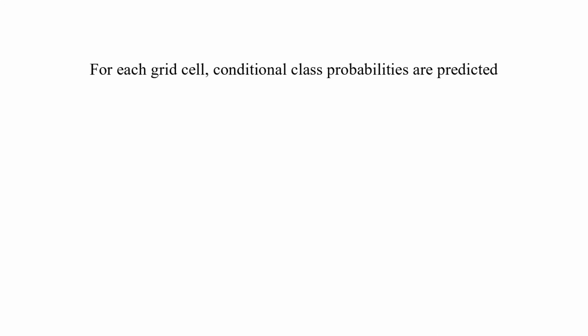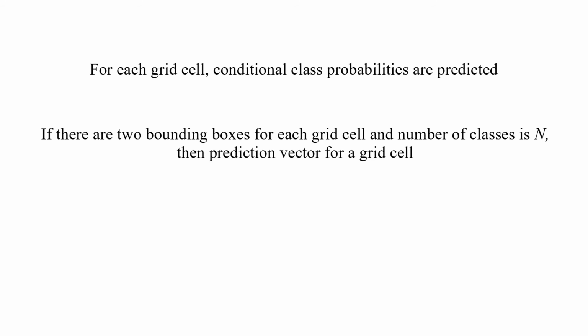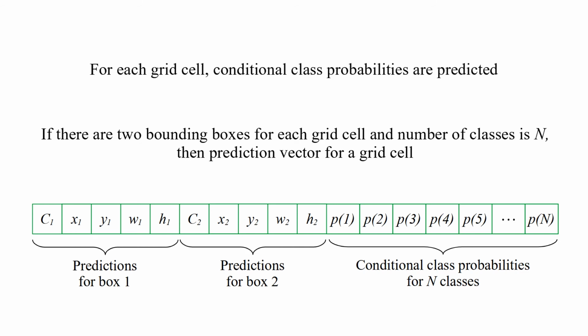For each grid cell, conditional class probabilities are predicted. If there are two bounding boxes for each grid cell and number of classes is n, then prediction vector for a grid cell is this vector. Confidence score, center coordinates, width and height are predicted for each bounding box, but conditional class probabilities are predicted for each cell.